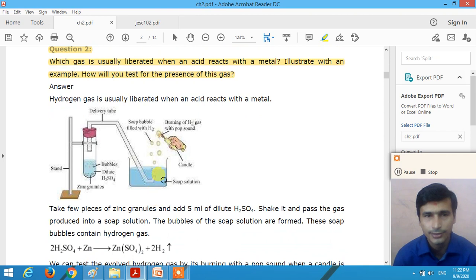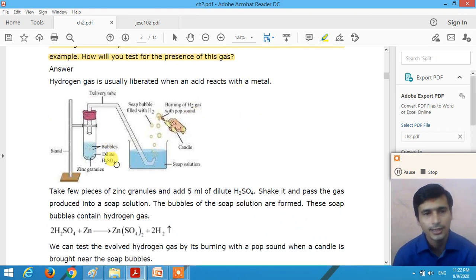Now how can we understand this? With the help of an activity, right? Take a few pieces of zinc granules and add 5 ml of dilute H2SO4. We discussed this activity in the previous video also, on the chemical properties of acids and bases, right?